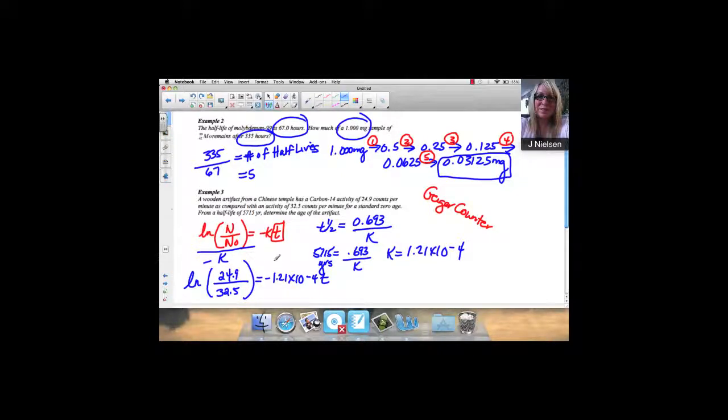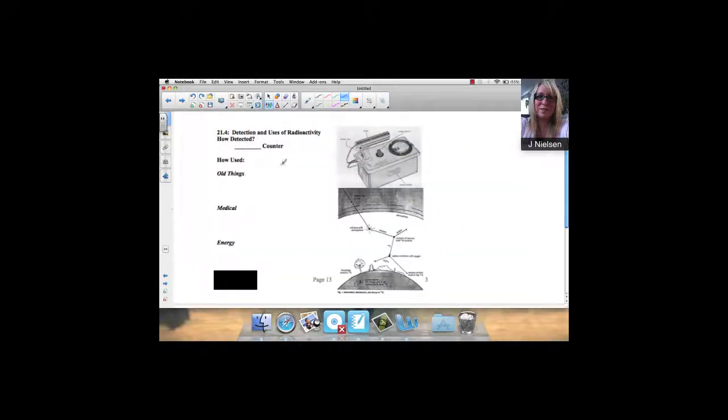So we're going to divide the ln of 24.9 divided by 32.5 by negative 1.21 times 10 to the minus 4, and we get t equal to 2,201 years. So that's how old the artifact is.